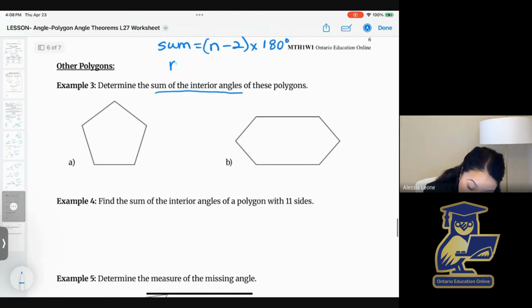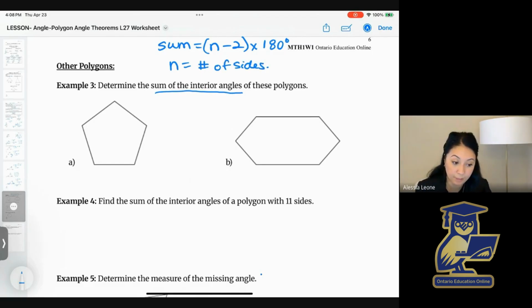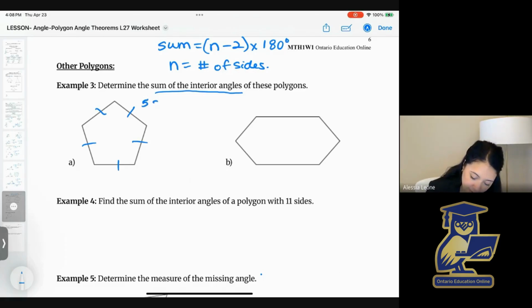N is the number of sides. Okay, now we have all the rules. How many sides does this have? 1, 2, 3, 4, 5. 5 sides. So we can do 5, take away 2, times 180.